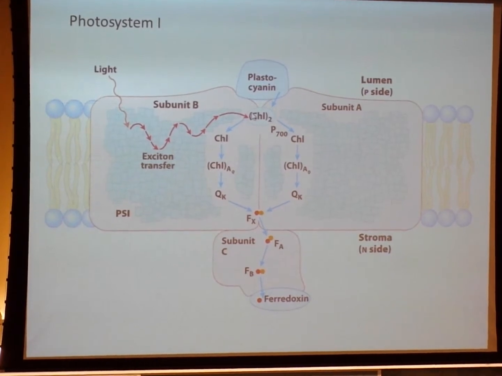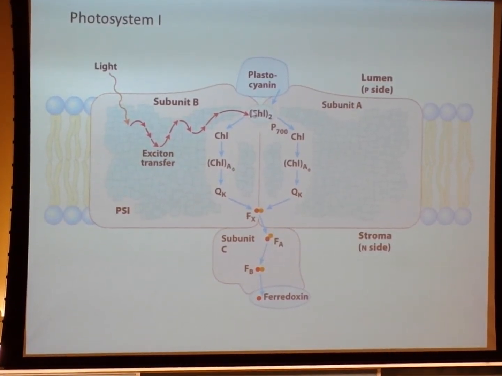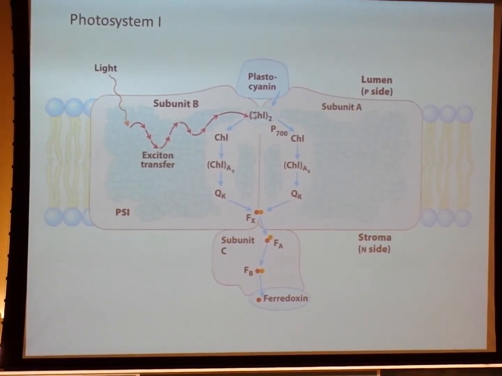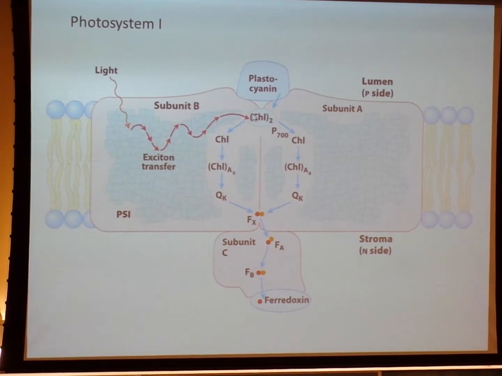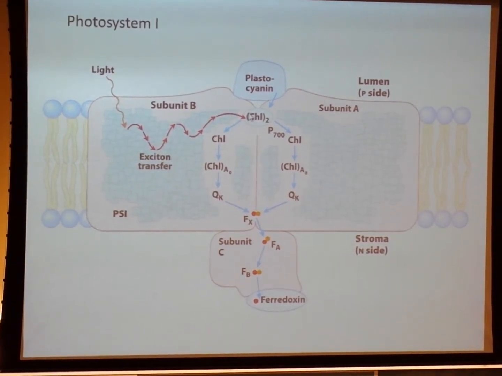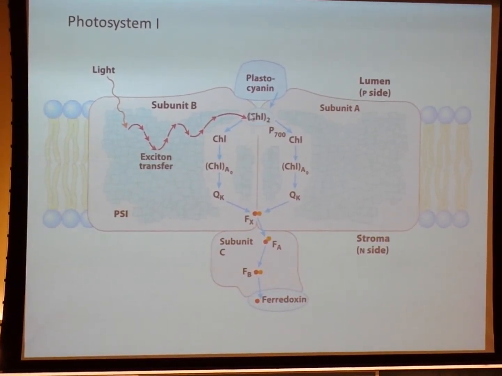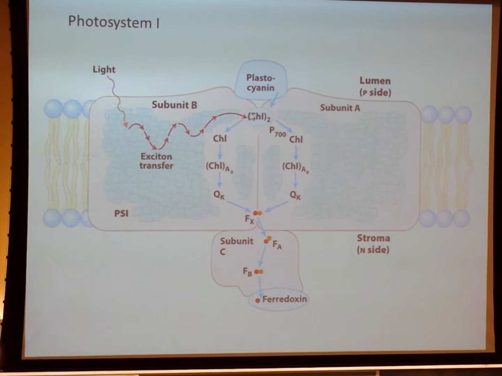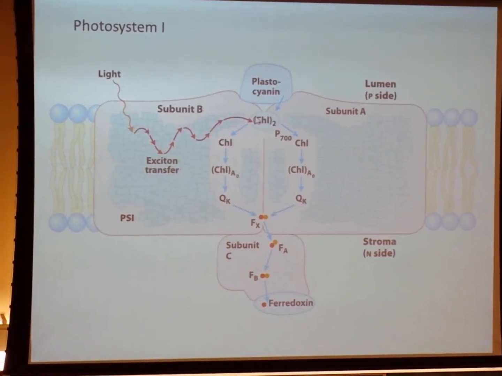I should have mentioned this on our previous slide of photosystem 2. You know photosystem 2 has that OEC complex. The electrons are only running down 1 part of that diamond. We don't know why that is. Here, the electron that comes down can run down either side of the diamond in photosystem 1.